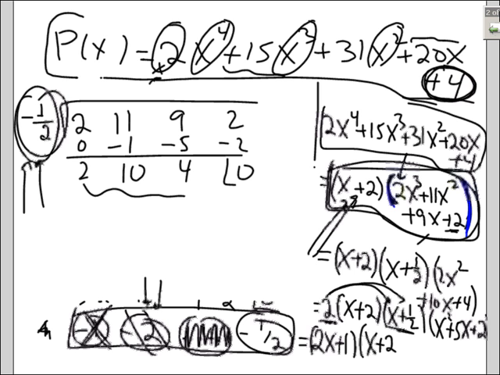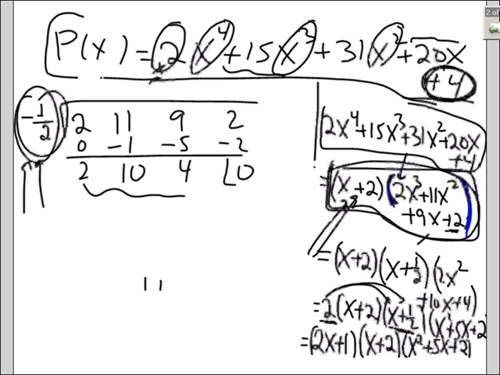X plus 2 times x squared plus 5x plus 2. Okay, now we're going to put all our energy into finding out how to factor x squared plus 5x plus 2.